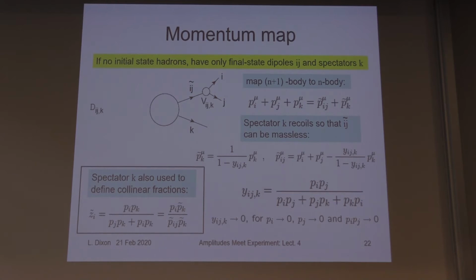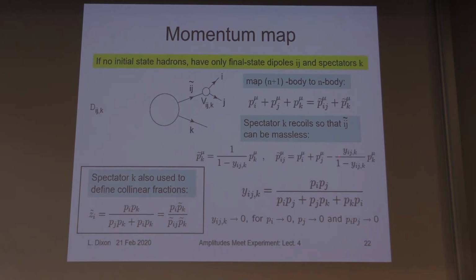And the other rule is you're not allowed to use complex momenta, so no BCFW shift allowed. Otherwise, that would be the way to do this job. Here you have to use real momenta, but there is a way to define a composite momentum, p_ij tilde, which looks like p_i plus p_j, but is massless.